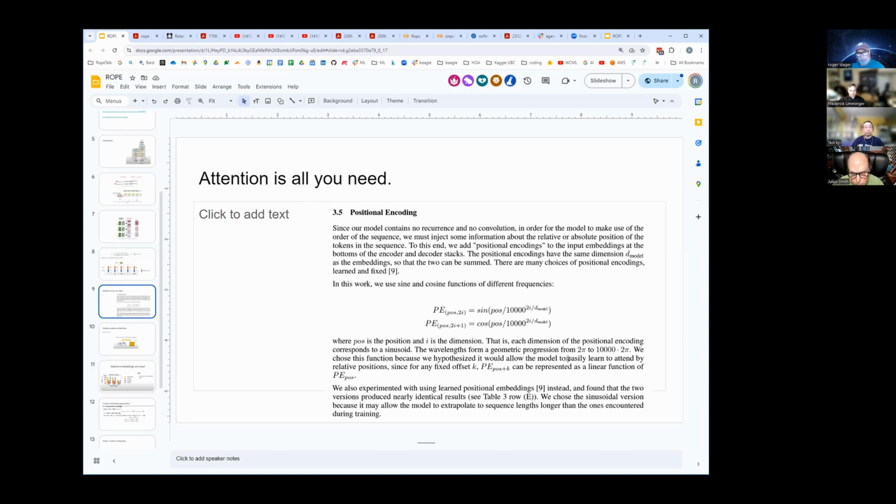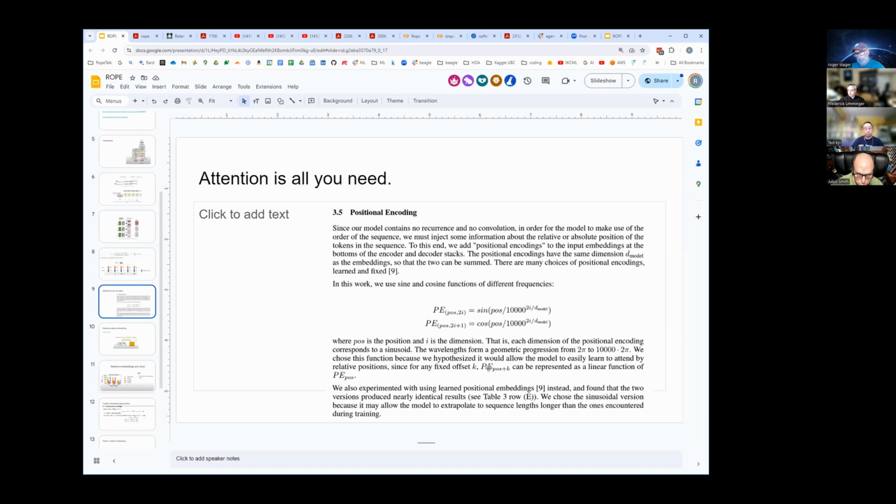They said right down here, we chose this function because we hypothesized it would allow the model to easily learn to attend by relative positions, since for any fixed offset k, position embedding of pos plus k can be represented as a linear function of e pos. So they kind of understood early on that relative positioning was going to be important. They tried to anticipate that with this position embedding.